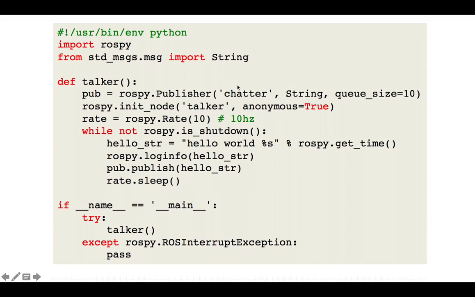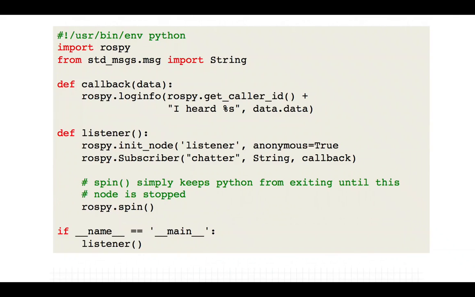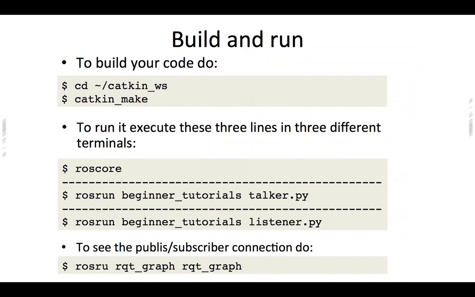It's going to publish to a topic called chatter with the same queue size, anonymous equals true. Notice how, since this is only a publisher, it's using the is shutdown flag rather than the spinning. Then we'll also create a subscriber called listener.py in our lab session, which the code will look something like this. We don't have to go over it again. Then we will run both of them and see how one is publishing and the other is subscribing. We'll play with some rates and some namespace flags and things like that.